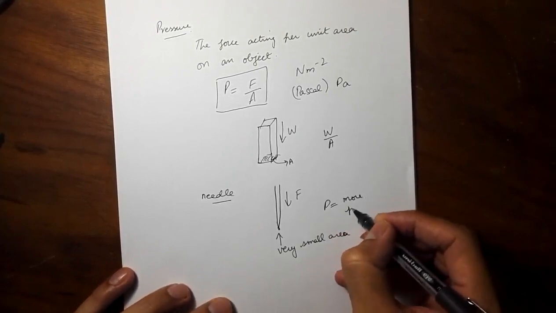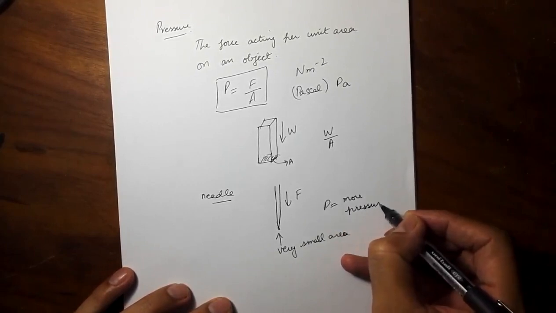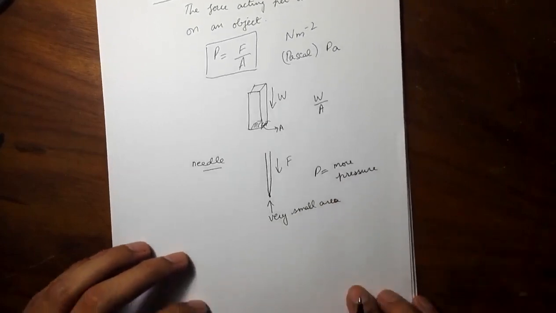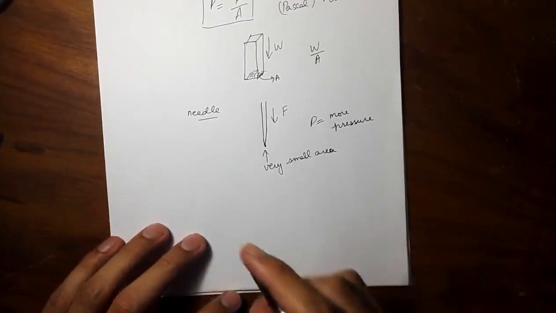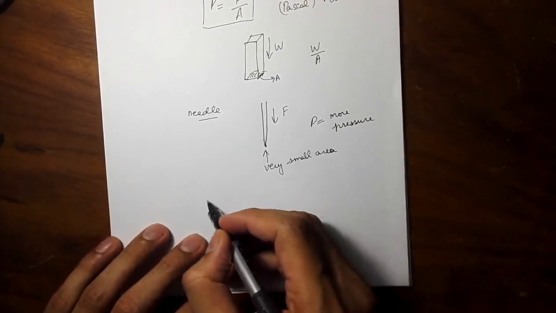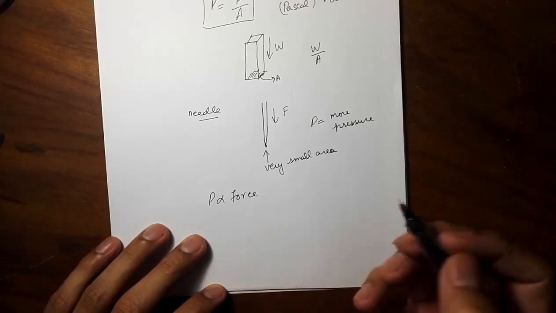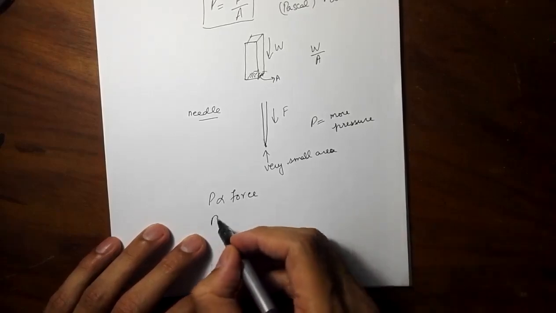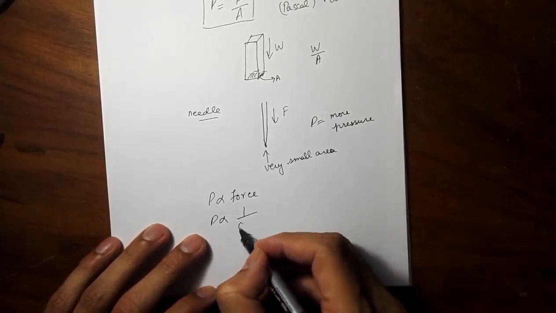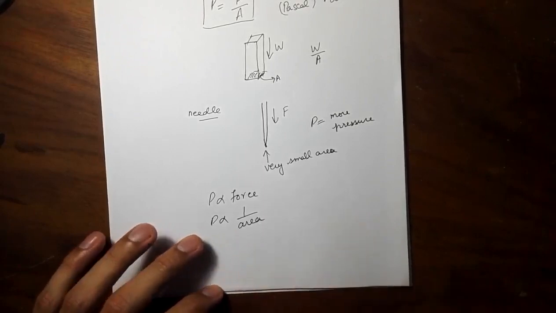So in order to increase pressure, we could increase force, because pressure is directly proportional to force, or we decrease the area because pressure is inversely proportional to the area.